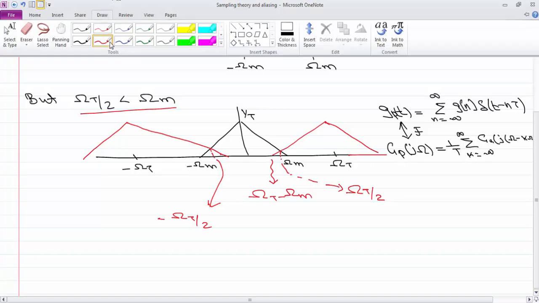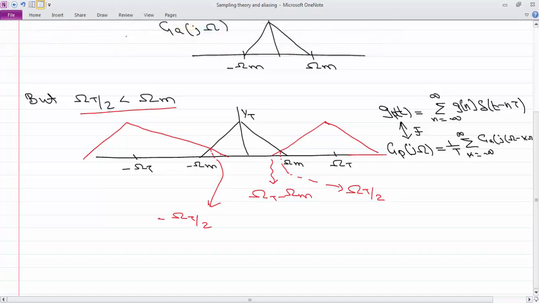Now, if you were to still do the reconstruction using your older method, which is you low pass filter this Gp of t, your low pass filter will cut off all frequencies from omega t by 2 to minus omega t by 2, and what you are looking at is the addition of these frequencies.